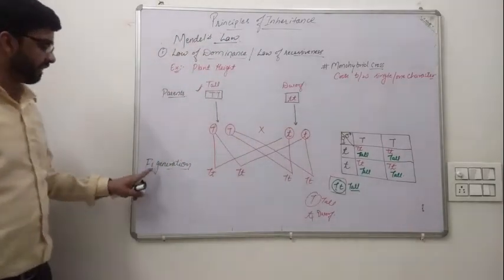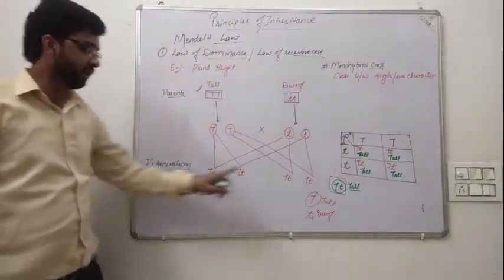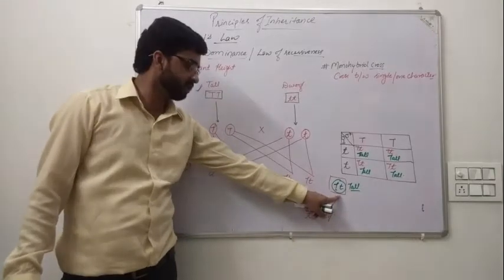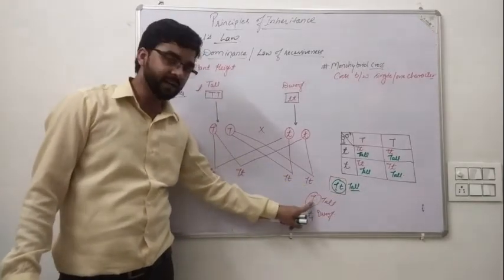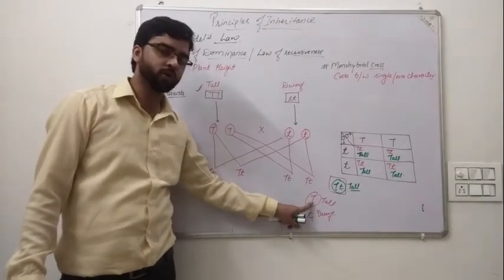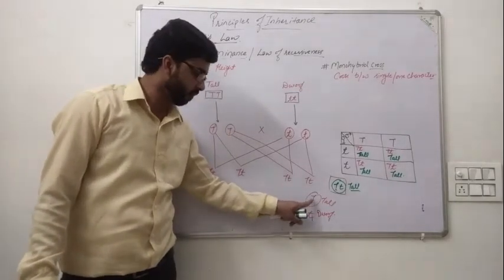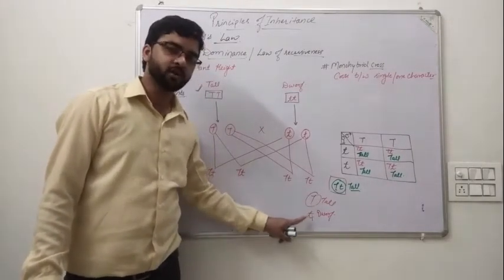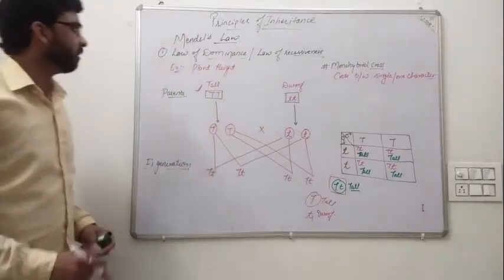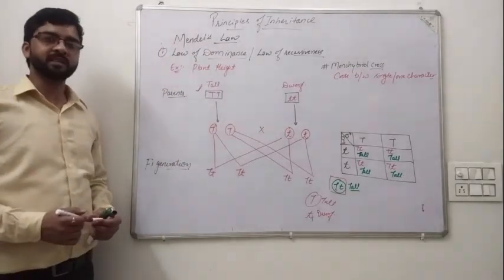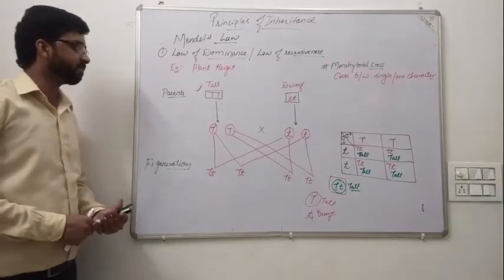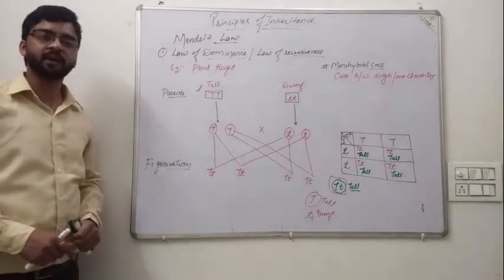So in the F1 heterozygous condition, the allele that expresses its character is called the dominant allele, and the one that is never expressed in the presence of the dominant allele is called the recessive allele. So here is the law of dominance, by which we explain dominant and recessive characters.